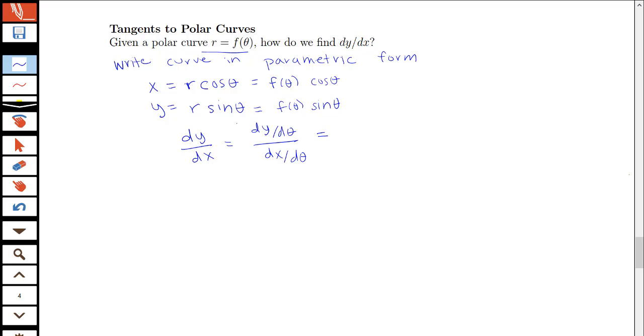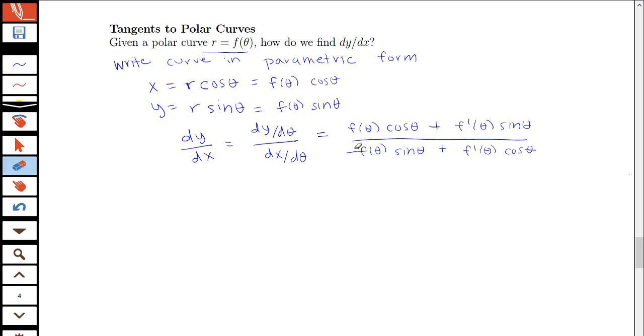So dy d theta, our derivative of f of theta sine theta, would be f of theta, the first here, times the derivative of sine theta, cosine theta, plus sine theta times f prime of theta. And then this would be divided by our derivative of x here, dx d theta. So I'd have f of theta times negative sine theta plus f prime of theta times cosine theta.